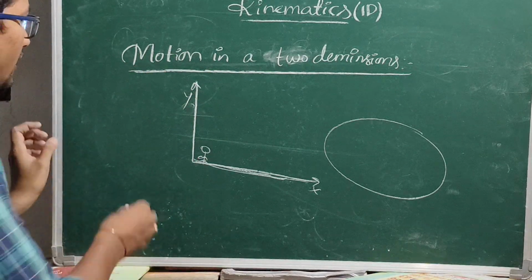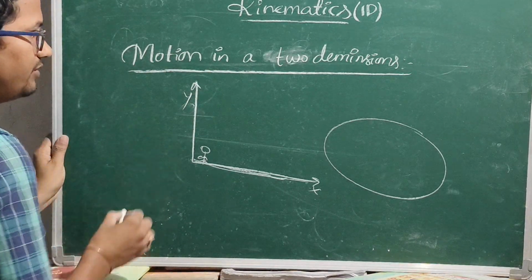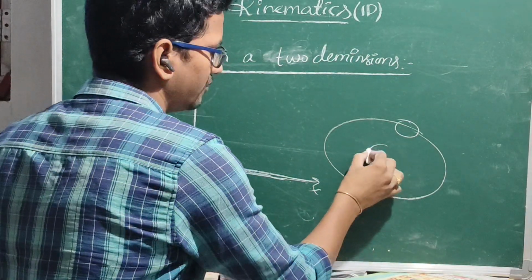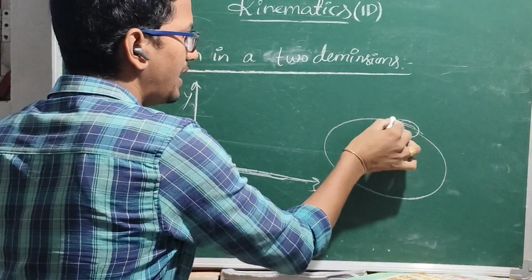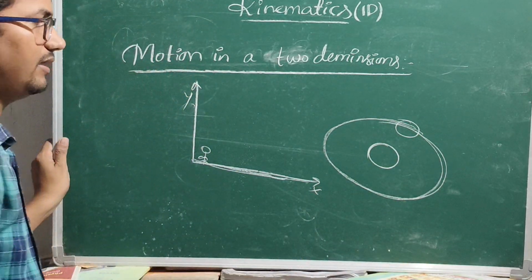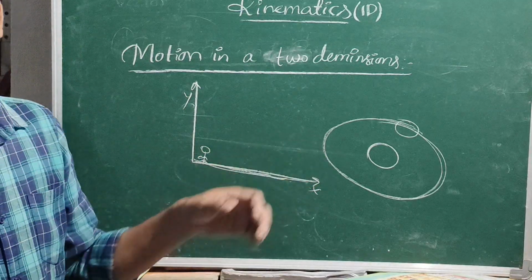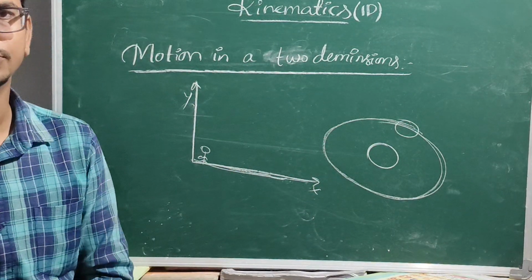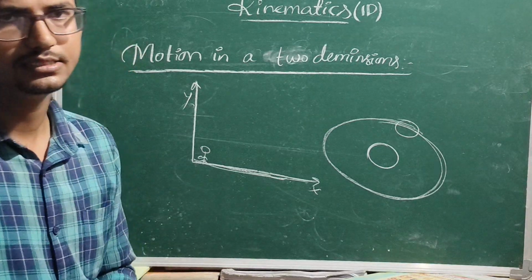For example, a planet revolving around a star, the sun being a star. Either the x-axis or the y-axis can be used for comparison. A planet revolving around the star is the best example of two-dimensional motion.